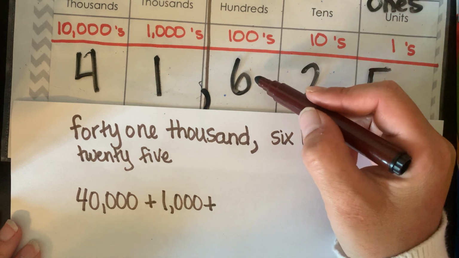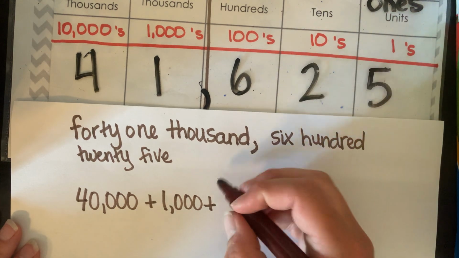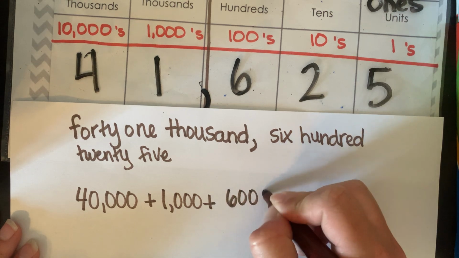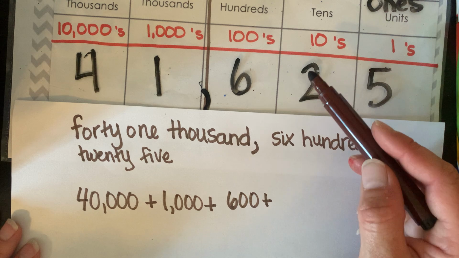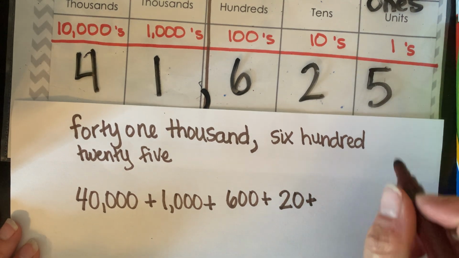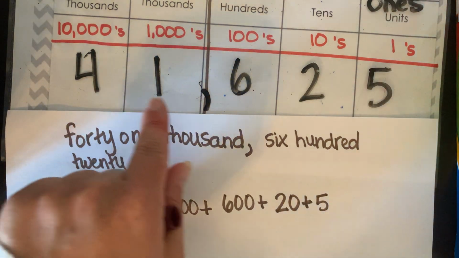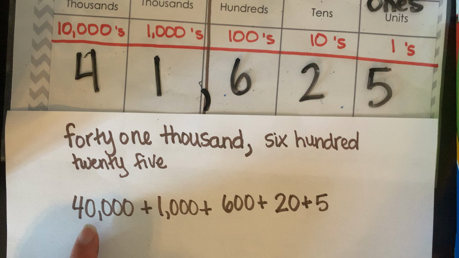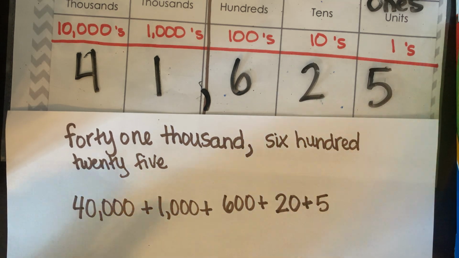Then I have a 6 with a value of 100, which would be 600. Then I have 2 10s, so 10 and 10 would be 20. And finally, I have 5 1s. So if I stretched out 41,625 into its place values, it would look just like that.